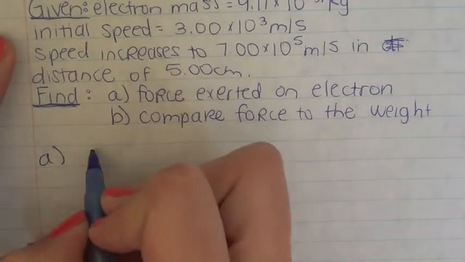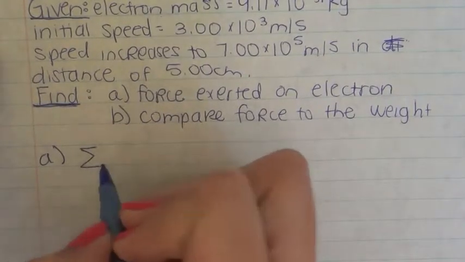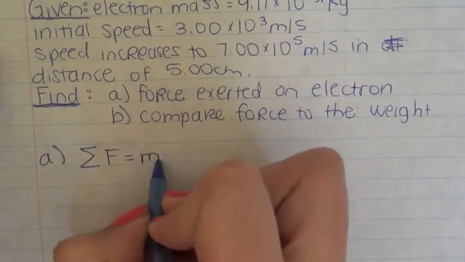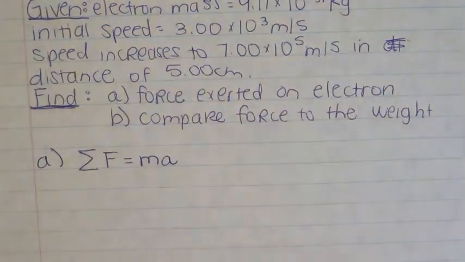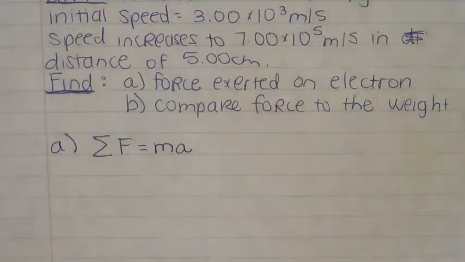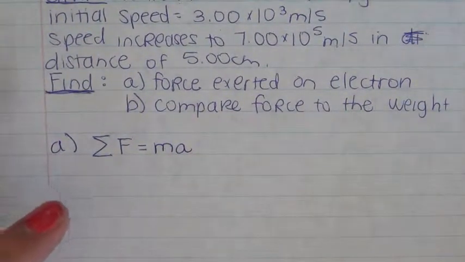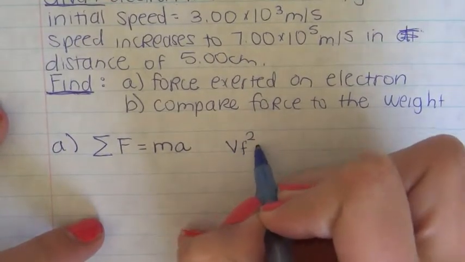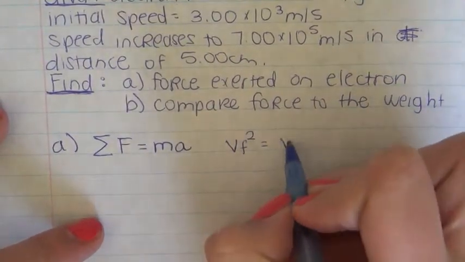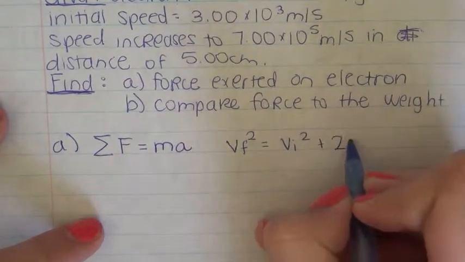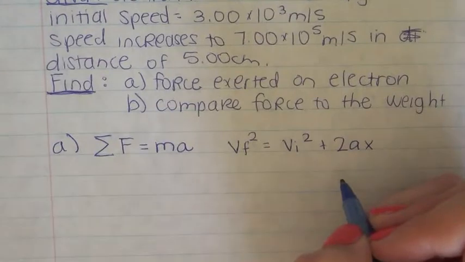So we have the formula, which is that the sum of the forces equals ma, mass times acceleration. And then also we're going to need the formula v final squared equals v initial squared plus 2ax.